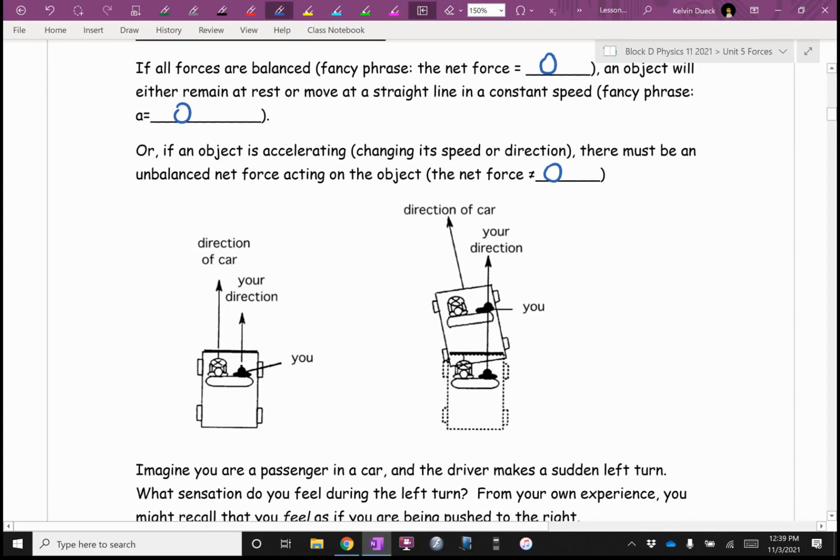I'd like you to imagine you're in the passenger seat of a car. Newton's first law says, if the car is moving forward, your body wants to keep going in a straight line at a steady speed. When you make a left turn, what happens? You might think, oh, I get pushed against the door because I'm getting forced outwards.